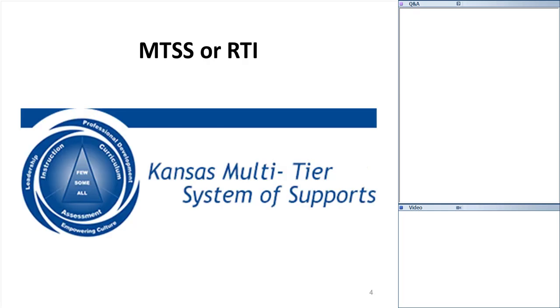There's not a person here who's not aware, and since I'm in Kansas, I'm using their logo because they use the term multi-tiered system of supports. If we just look at this diagram, it has the magic triangle in the middle and says for all children, for some children, and for a few. All students Tier 1 in general ed, and some of the children that are receiving additional strategic interventions at Tier 2, and a few of them getting very intense interventions at Tier 3.